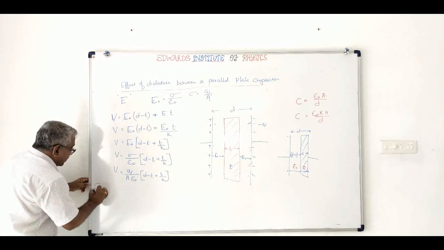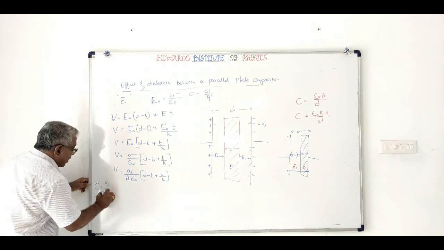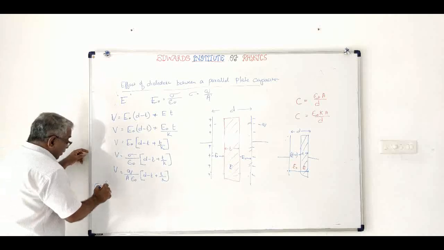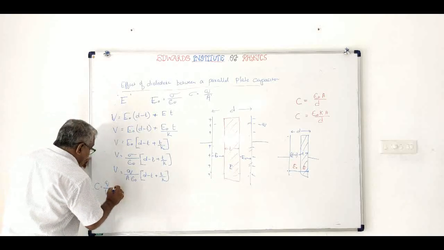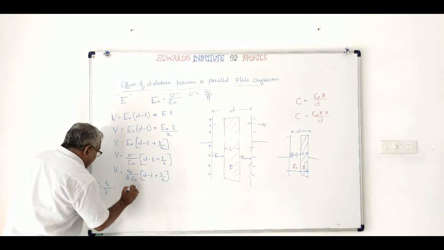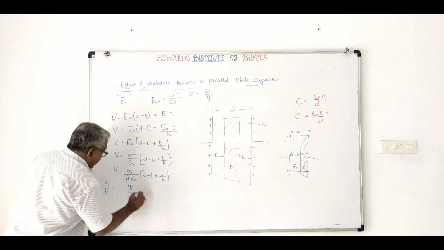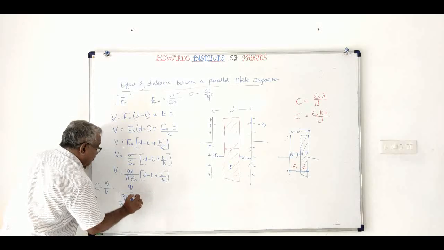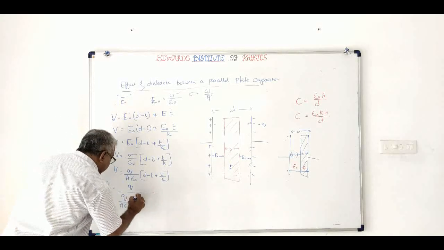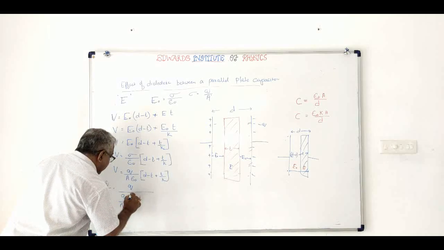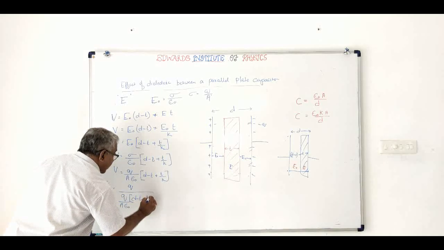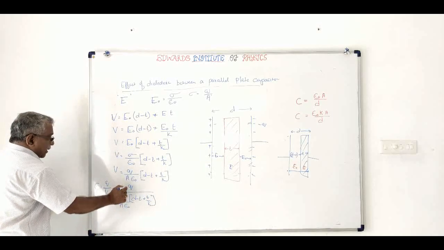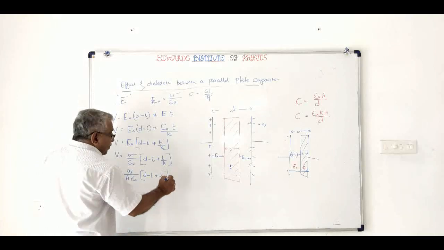Now what will be C? C will be equal to Q by V. You have to follow it, write it down along with me. Q by V will be equal to Q by A epsilon 0 into D minus T plus T by K. Q and Q will get cancelled, A epsilon 0 will come up.